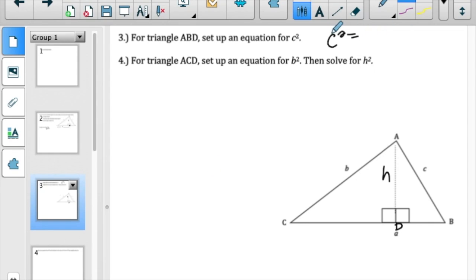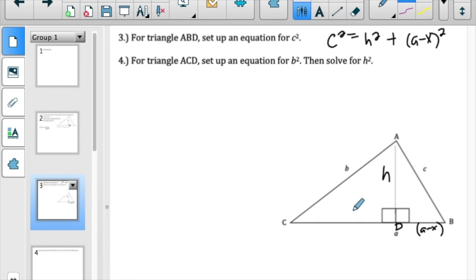Pythagorean theorem, right? Right triangle. H squared plus, what did we say this segment down here was again? It was A minus X actually. So it's going to be H squared plus (A minus X) squared. So the hypotenuse squared equals the sum of the legs squared.